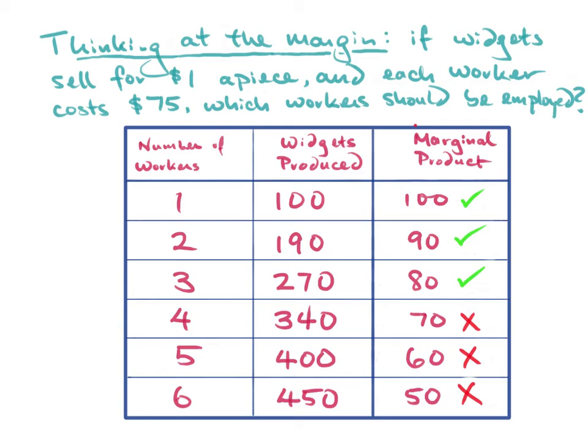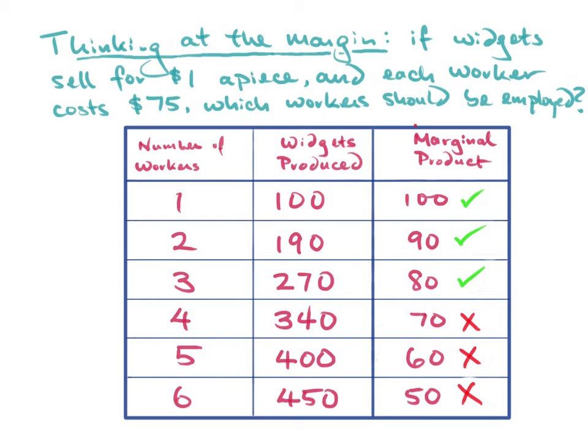All of this is about the extra revenue of the worker versus the extra cost of the worker. Using the formal economics jargon, that extra revenue brought in by the worker is the marginal revenue of the worker. The extra cost of employing another worker is the marginal cost of the worker. So for the third worker, marginal revenue is $80.